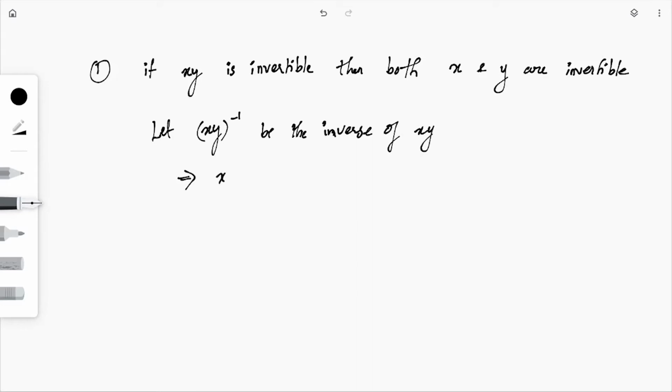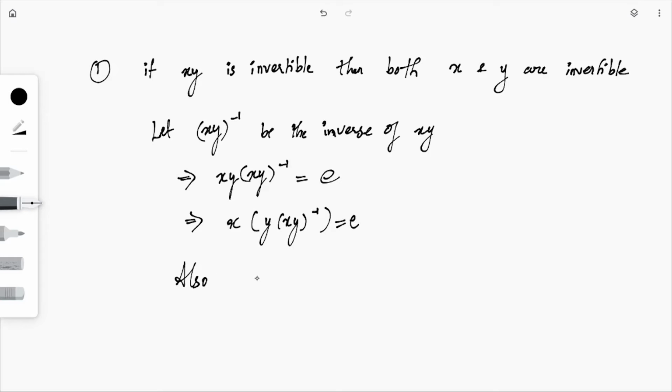This implies xy into (xy) inverse is equal to the identity element. Because of the associativity of the algebra, x into y(xy) inverse is again e. Also by commutativity we can say that y into (xy) inverse, times x, is also e.